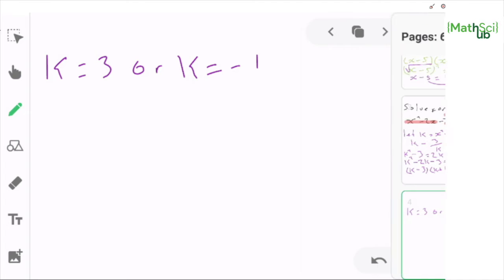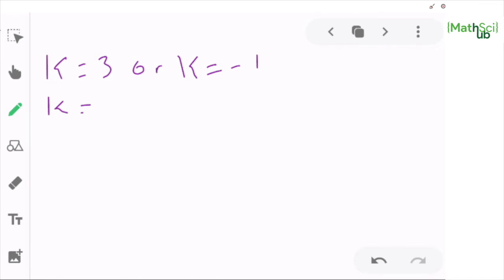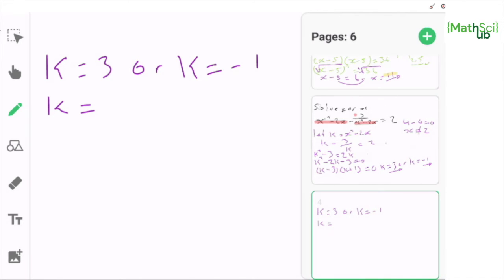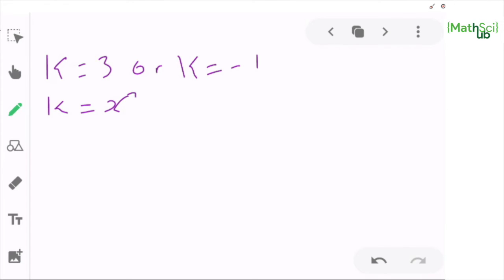So it's k equals x squared minus 2x. Like I said, let's start with the 3 first. Let's put the 3 in the space of k, meaning we're going to have 3 equals x squared minus 2x, and then let's get everything else on one side.